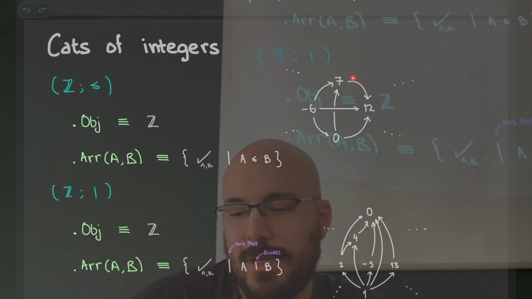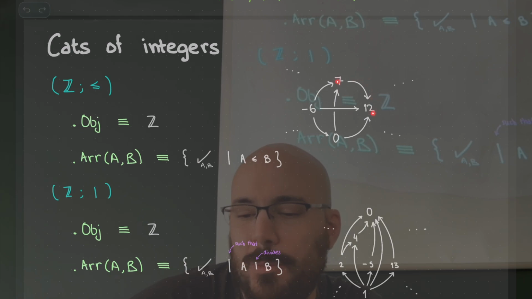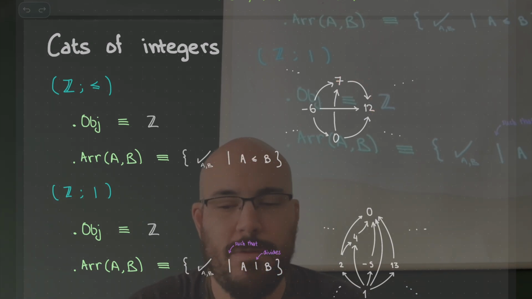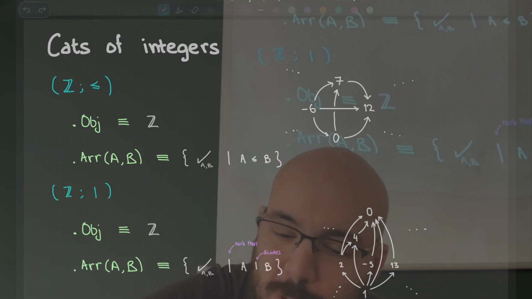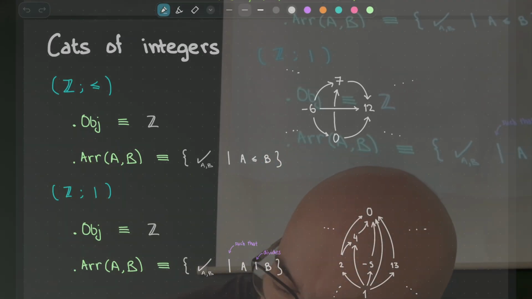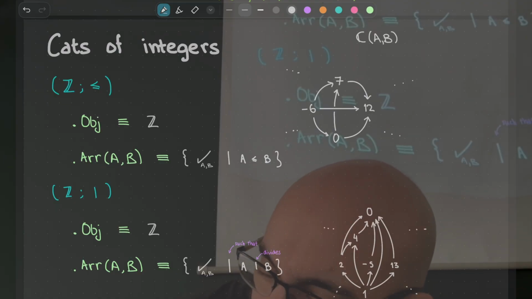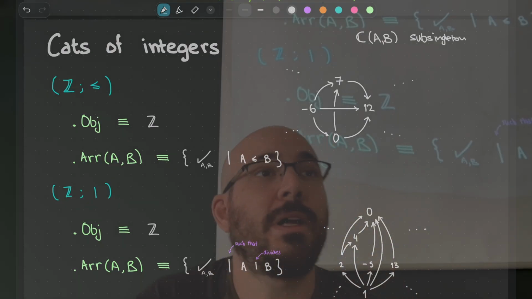Which means that in these categories, for any two objects you pick, you will have at most one arrow. We say that the hom-sets, which I have been denoting like that, are sub-singletons, where, just to remind you, sub-singleton means at most one element.